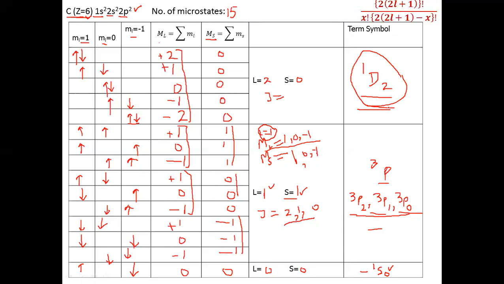All these term symbols will correspond to different energies. Why? Because the arrangements are different. So out of these, the term symbol which represents lower energy, you don't know which is that. The term symbol which represents lower energy is called ground state term. Now we will see how to find that term with minimum energy.